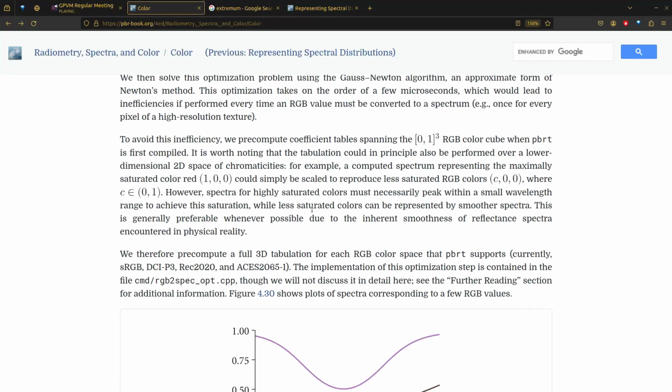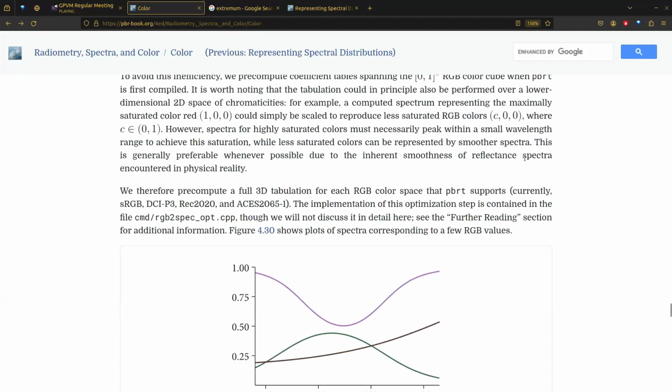Worth noting that tabulation could, in principle, also be performed over the lower dimensional 2D space of chromaticities. For example, a computed spectrum representing the maximally saturated color red could simply be scaled to reproduce less saturated RGB colors, scaling with just pure red, some value 0 to 1 in the red channel and zeros otherwise.